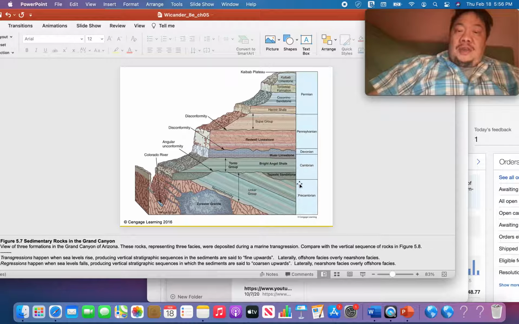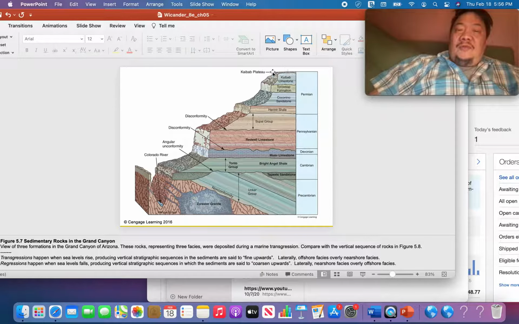All of these rocks here, underneath the unconformity, were formed in the Precambrian. That means before 542 million years ago. Then we get the Cambrian rocks, the first period of the Paleozoic is the Cambrian, then the Devonian, then the Pennsylvanian, then the Permian. And these are our youngest rocks.